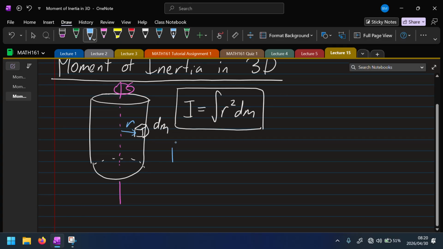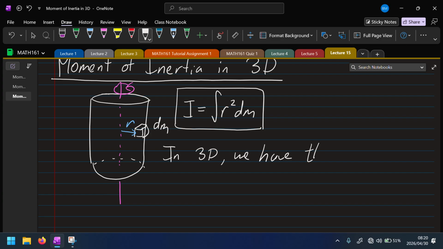So in 3D, we have the volume mass density. We call that rho, like we had last time. And like we had last time, it depends on where you are.